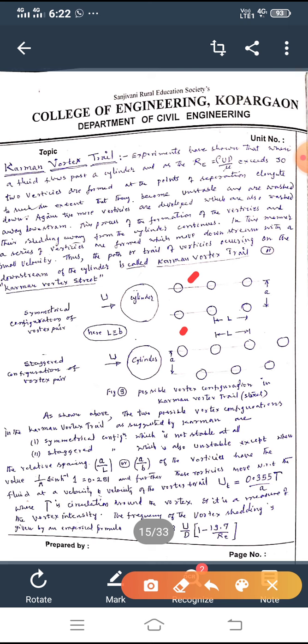This formation of vortices is a continuous process. The path traced by the vortices after they are washed away is known as the Karman vortex trail.